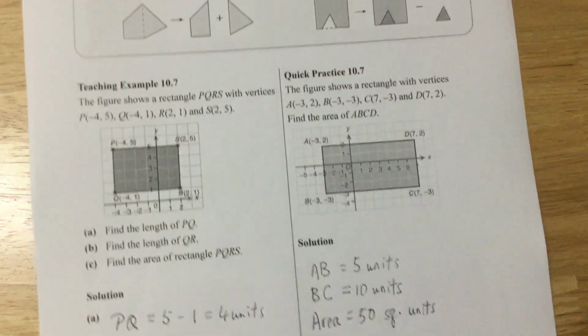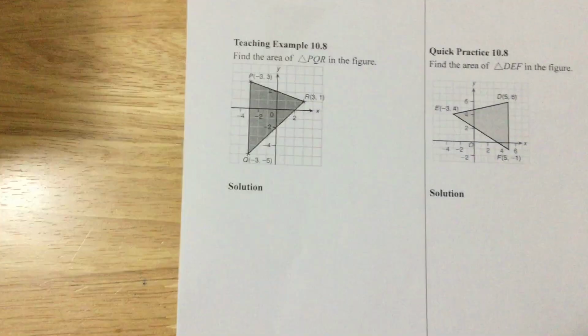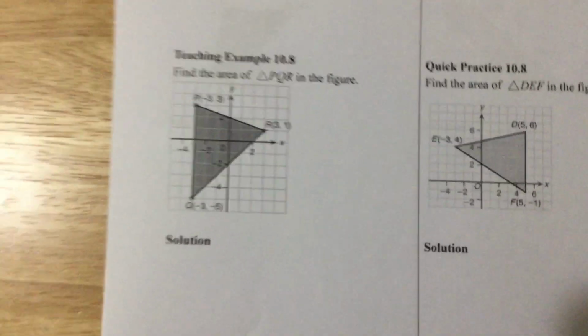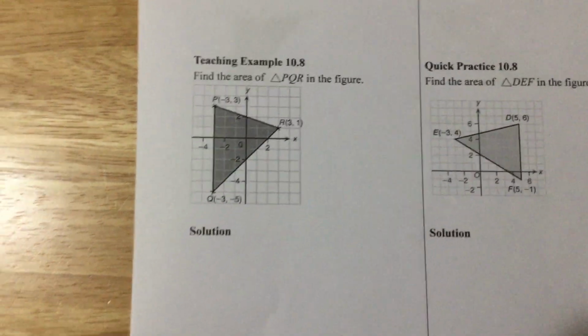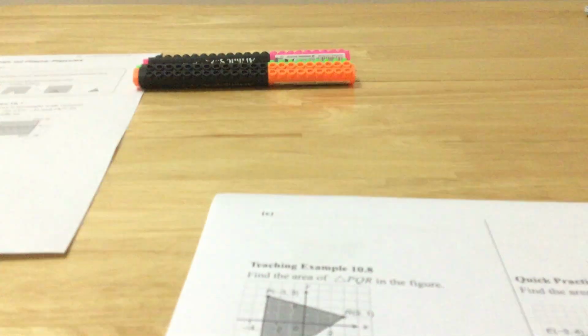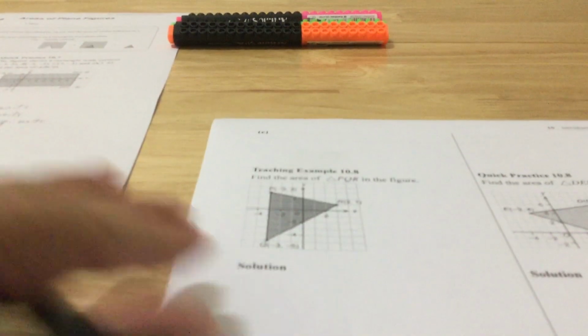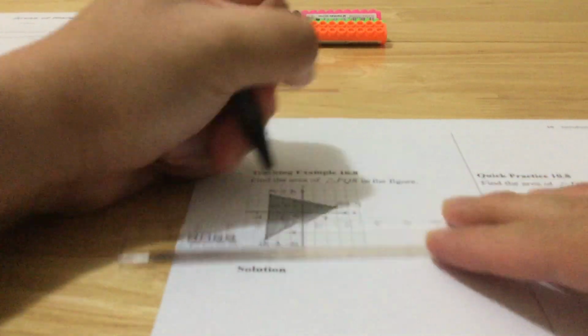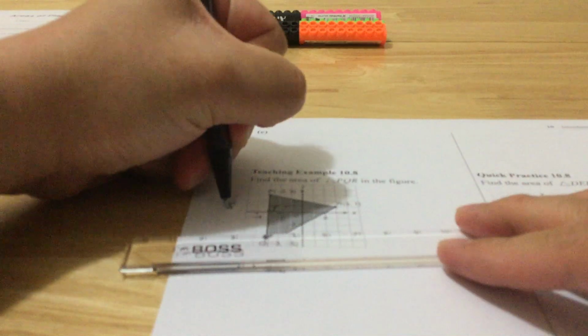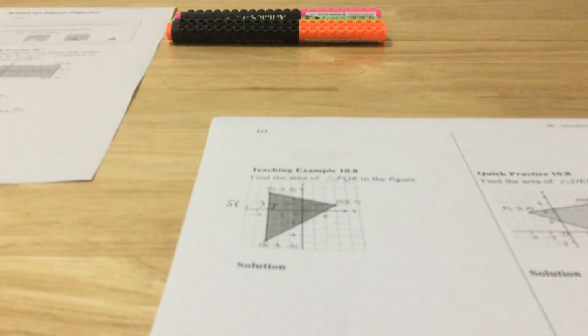Okay, now I will go to teaching example 10.8. This time I'm going to calculate the area of this one. Once again, let me draw the height of this triangle first. And we have the S here, a new point.